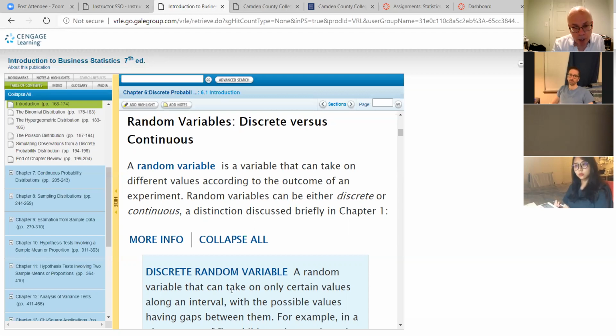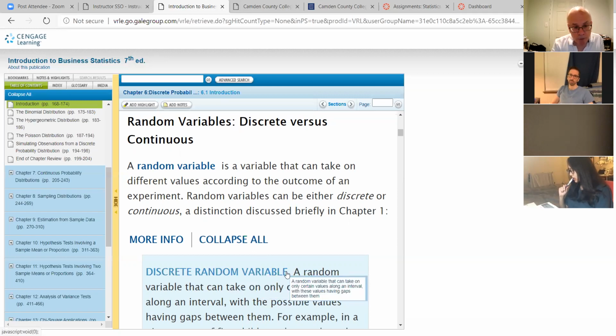So a probability distribution would be the values associated with that variable along with their corresponding probabilities. All right, so you'll get to see what I mean in a minute.